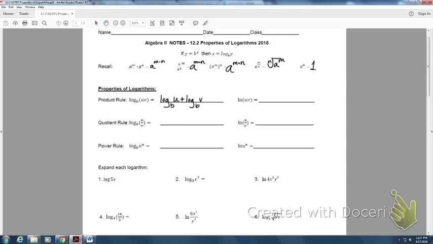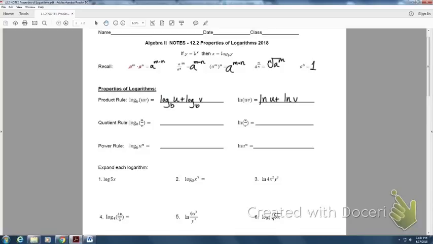So if I was multiplying, that means I can add those two logs. On the quotient rule, I am dividing. Sorry, I forgot to go over here and do the natural log. Anything that we have on the log is going to be the exact same for natural log. So natural log u plus natural log v.